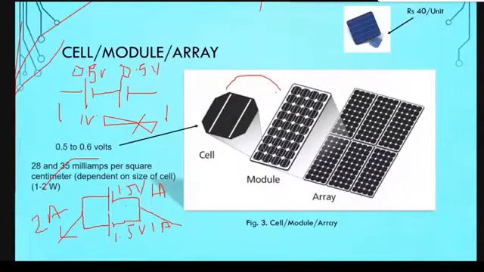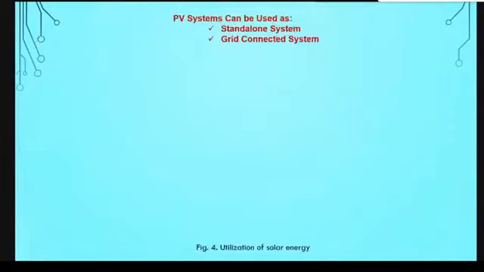So, for example, the solar cell which is installed at the rooftop, at the house of your building, at the roof of your building for your purpose, that type of system is called a standalone system.